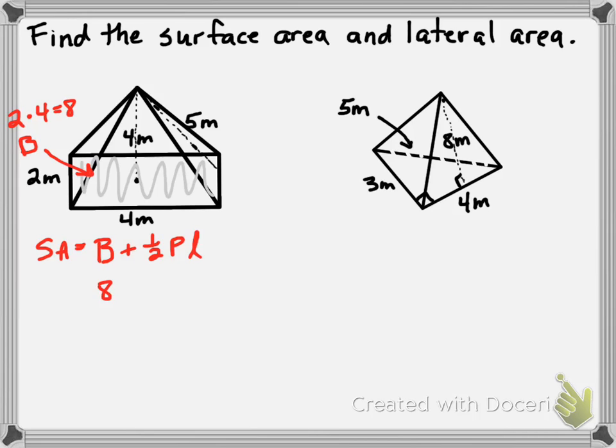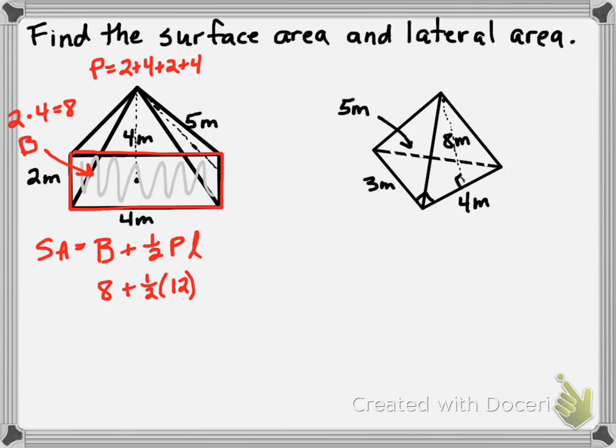So the area of the base is 8. Now I need to find my perimeter. The perimeter goes all the way around: 2, 4, 2, 4. So that's going to be 2 plus 4 plus 2 plus 4, which gives me a perimeter of 12.